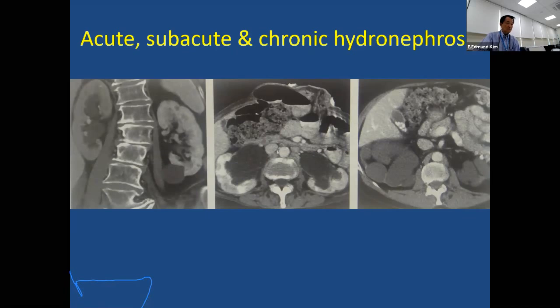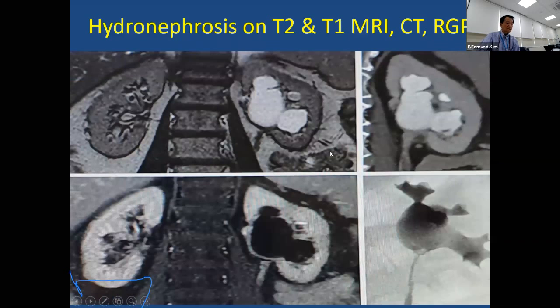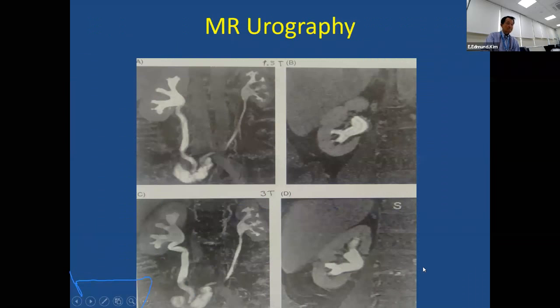And the hydronephrosis, so the renal pelvis is so dilated, and the cystic mass is the dilated collecting system. You can see on MRI, it's easy to see the dilated collecting system, T2, T1, and the retrograde pyelogram shows it dilated, and maybe some obstruction here at the uretero-pelvic junction.